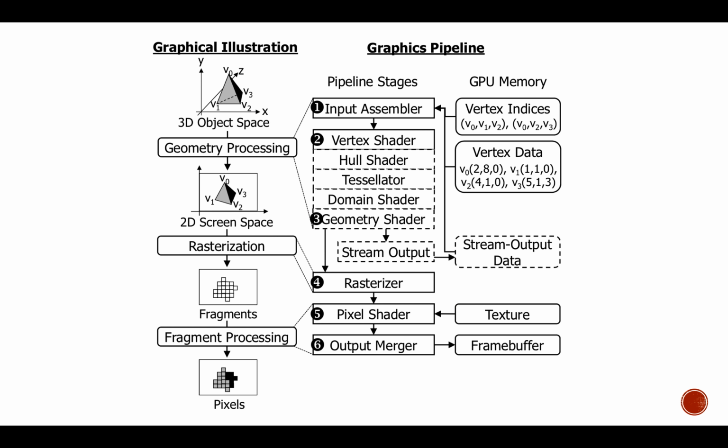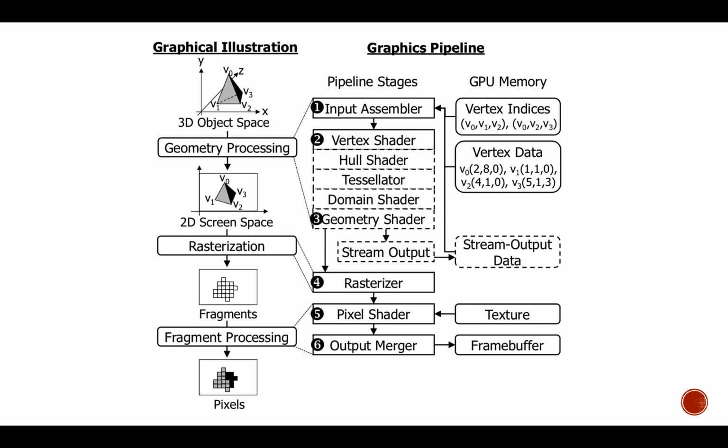So first, I will introduce the background of this project. This figure shows the graphics pipeline defined by the DirectX 11 Graphics API. From this figure, we can see that these pipeline stages can be mainly grouped into three categories. The first is the geometry processing category.